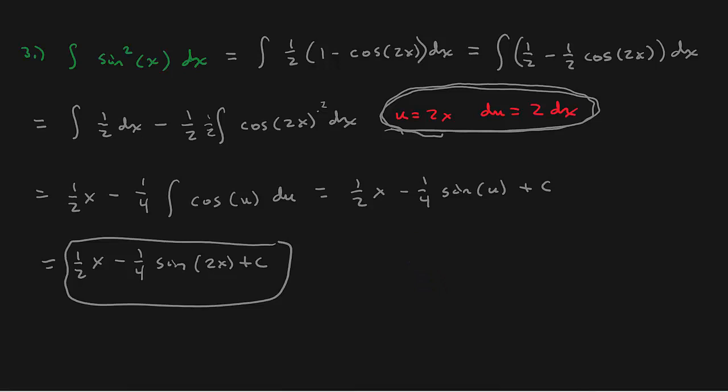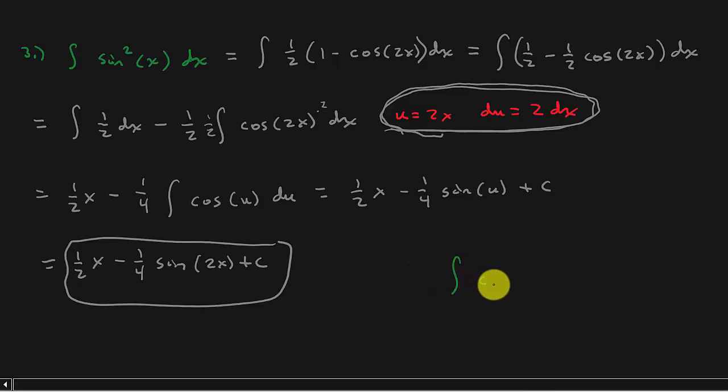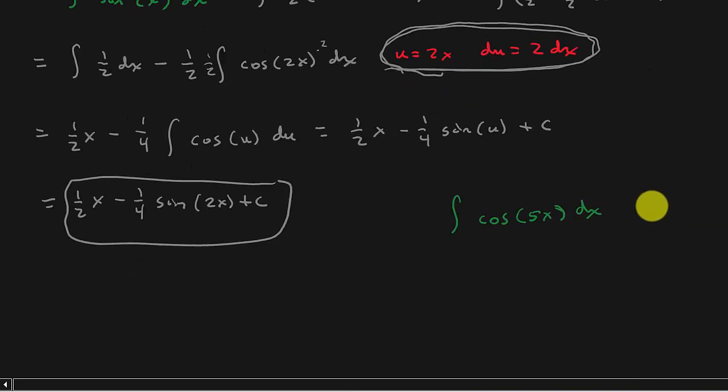But just think of this. Let's just write the integral of cosine 5x dx. So look at this. If I let u equal 5x, then du is 5 dx. So I need a 5 in here. That means I would have to come out and multiply by 1/5. And then the antiderivative of cosine is sine. You see that?